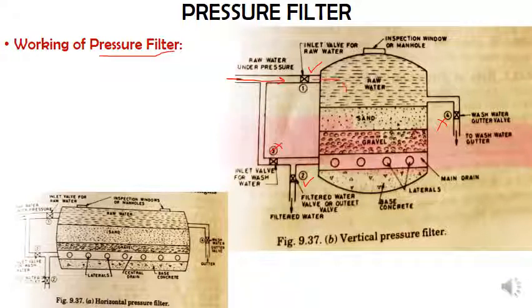It will first come here, then pass through the sand, then through the gravel, then through the drains, and in turn it is going to pass out as filtered water. Since valve 4 will be closed, the water cannot escape over here, neither can it go in this direction. So this is the regular operation.